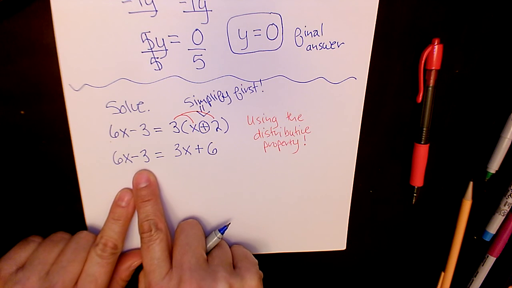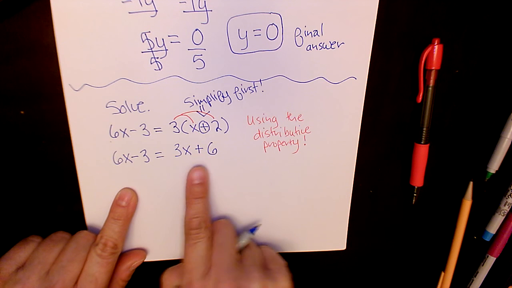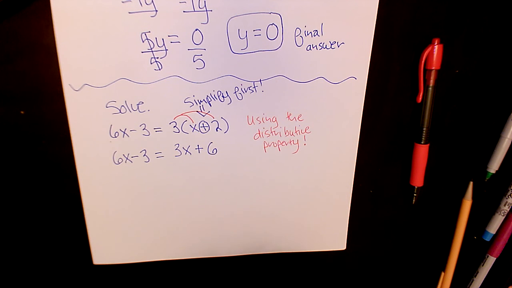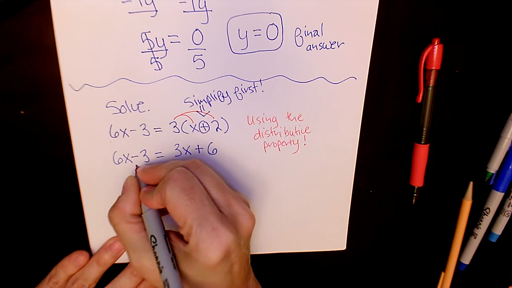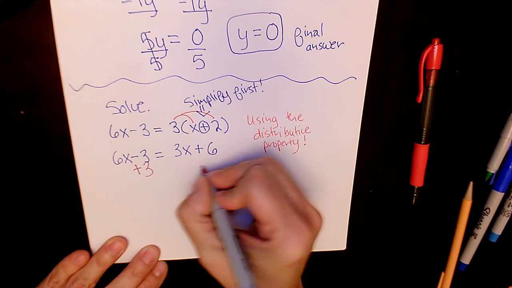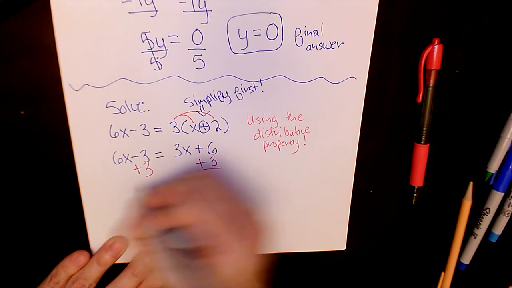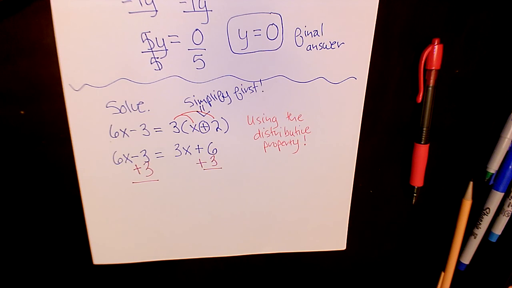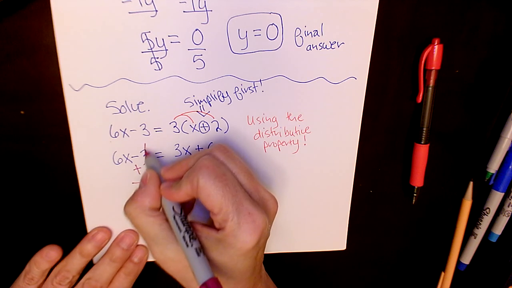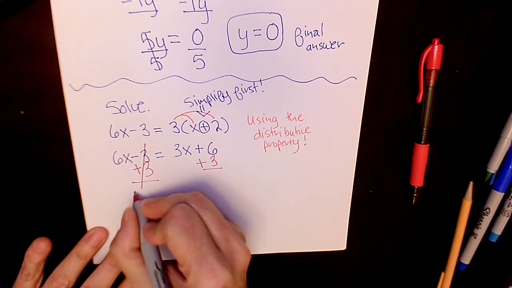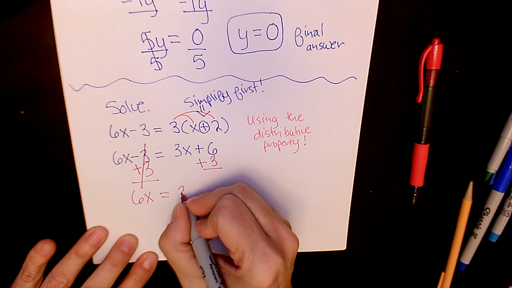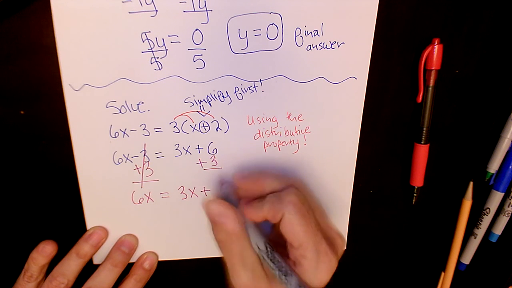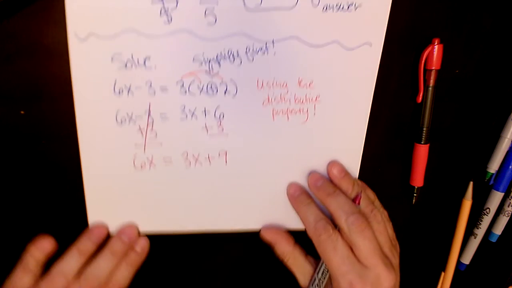I can start over here with the minus 3, or I can start over here with the plus 6. So I think I'm going to start over here, and I'm going to add 3 to both sides. Okay, so minus 3 plus 3 drops out. I'm left with 6x. 6 plus 3 is 9, so I'm left with 3x plus 9 on that side.